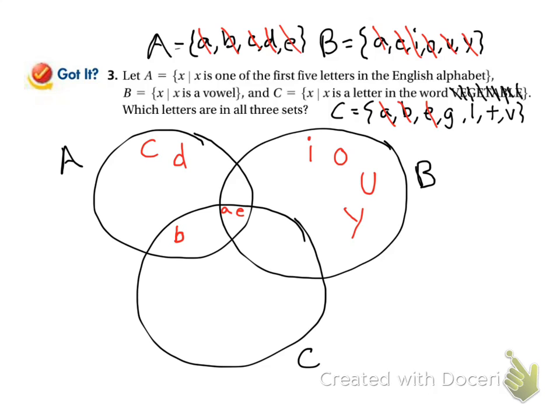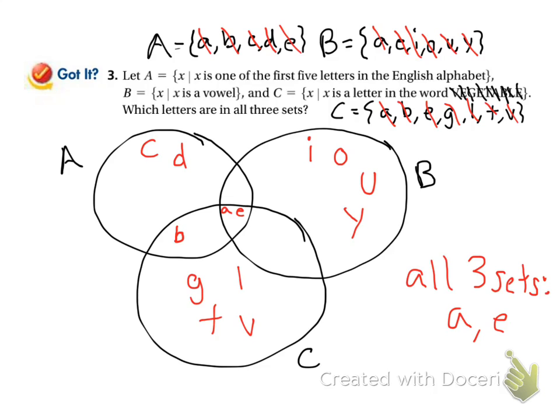G, L, T, V all just go in set C. So the letters that are in all 3 sets are those letters in the middle: A and E.